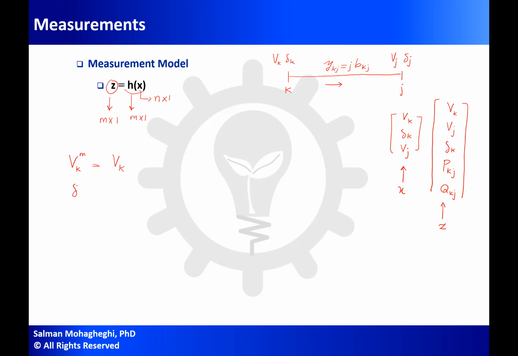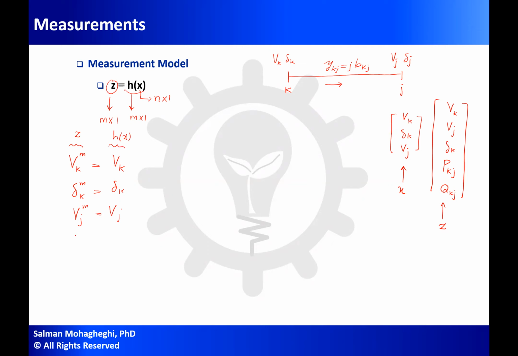What I measure for the angle of voltage at bus K, again, how is it related to my states in a direct fashion? VJ would be the same way. So again, notice that these are my z's. These are the functions that relate z's to the states x's.